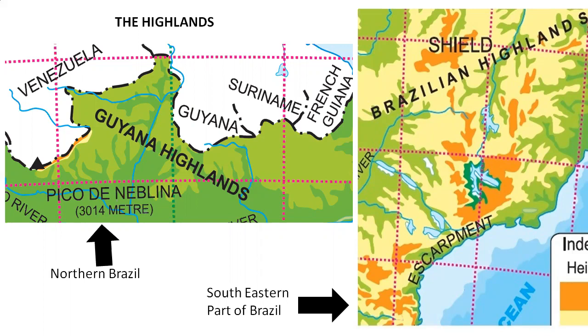Ever since they were formed, they have always been above water. In the south and in the east, the altitude of the Brazilian highlands is more than 1000 meters. In other parts, the altitude is between 500 to 1000 meters.